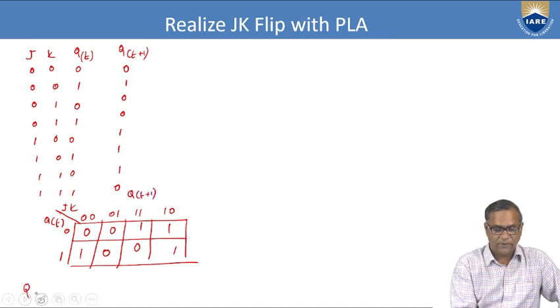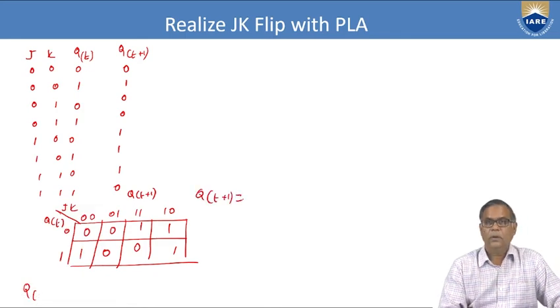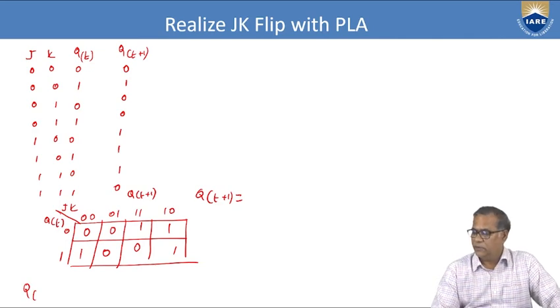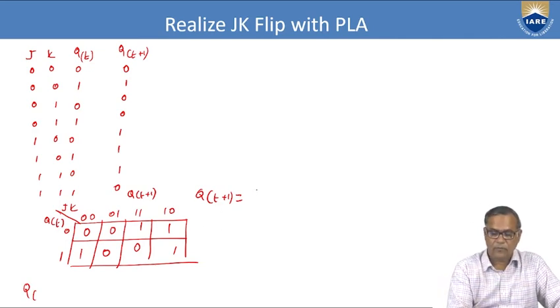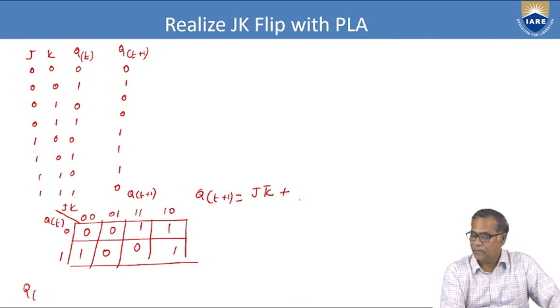So QT plus 1 is equal to J QT bar plus K bar QT.